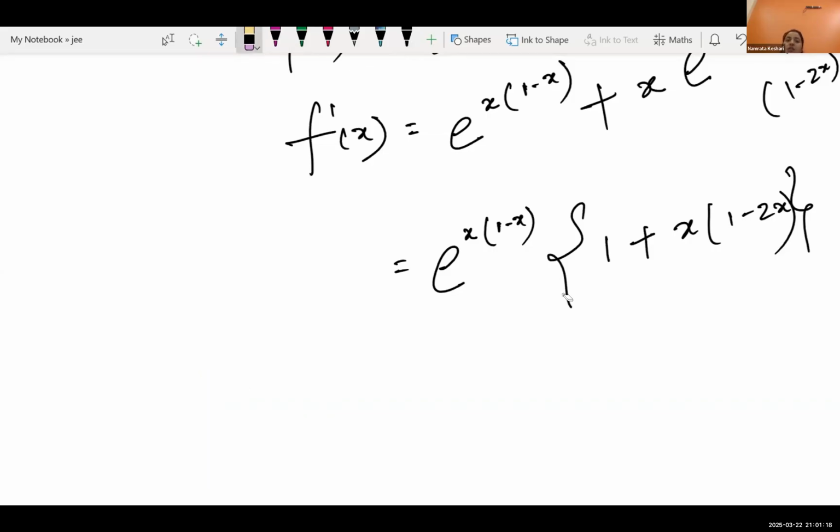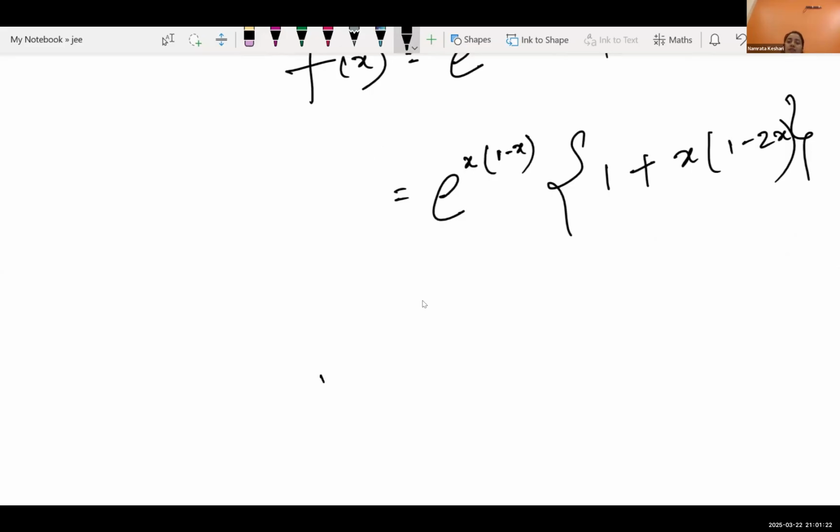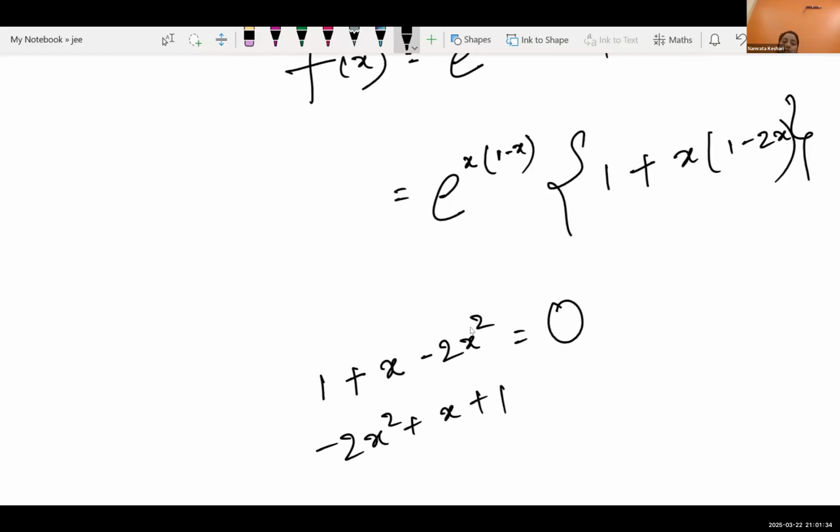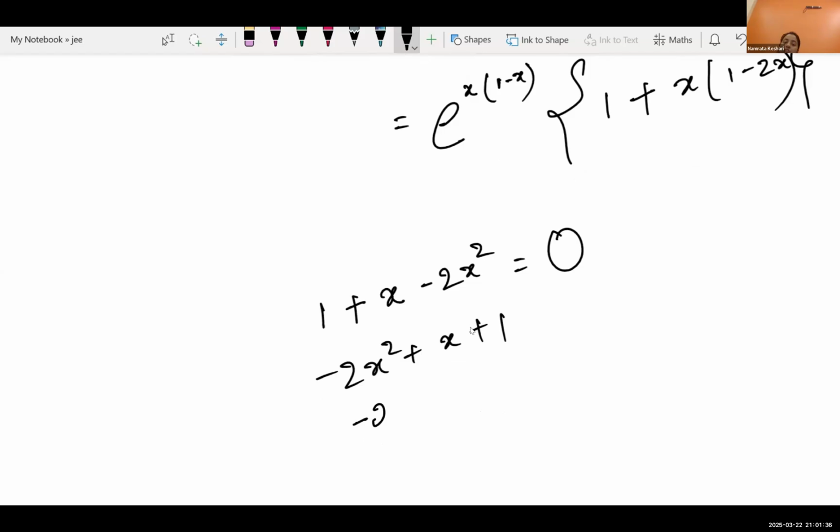We will compare this curly bracket, that is 1 plus x minus 2x square, equal to 0. From here, we will try finding the x value. Let's do splitting the middle term and factorization. 1 times 2, I believe 2 and 1 will work. So minus 2x square plus 2x minus x plus 1.